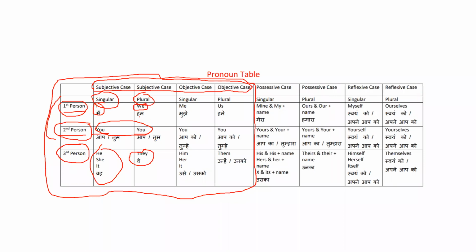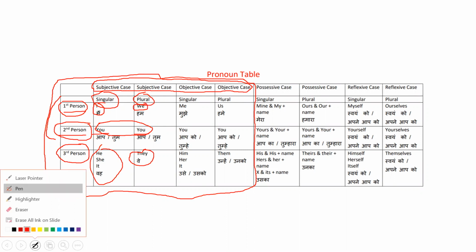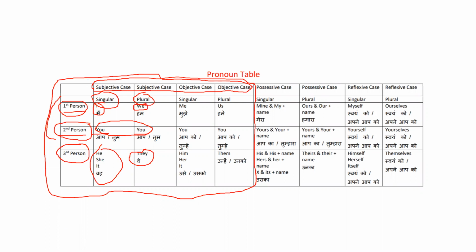Now next we have to understand that this column is called the subjective case pronoun, because as a subject we use them, but these words are called the objective case pronoun. Remember this objective case, and this is subjective case, which we can also call nominative case. Whenever we need to write a pronoun as a subject, we write these, but whenever we need to write it as an object, we write these.